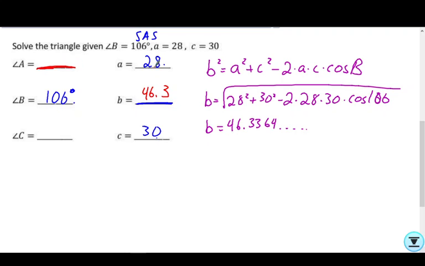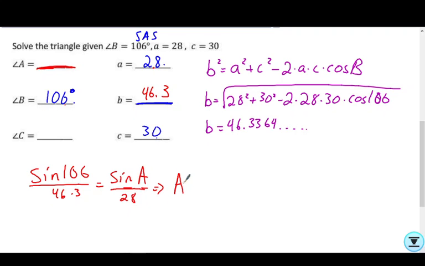Okay. Now, if we switch to law of sines, because we have a ratio, we need to start with angle A first, because that's our smaller side length. I don't really have to worry about it because I already have an obtuse angle, but that's where I'm going to start, just for consistency. So sine of 106 over 46.3 equals the sine of A over 28.